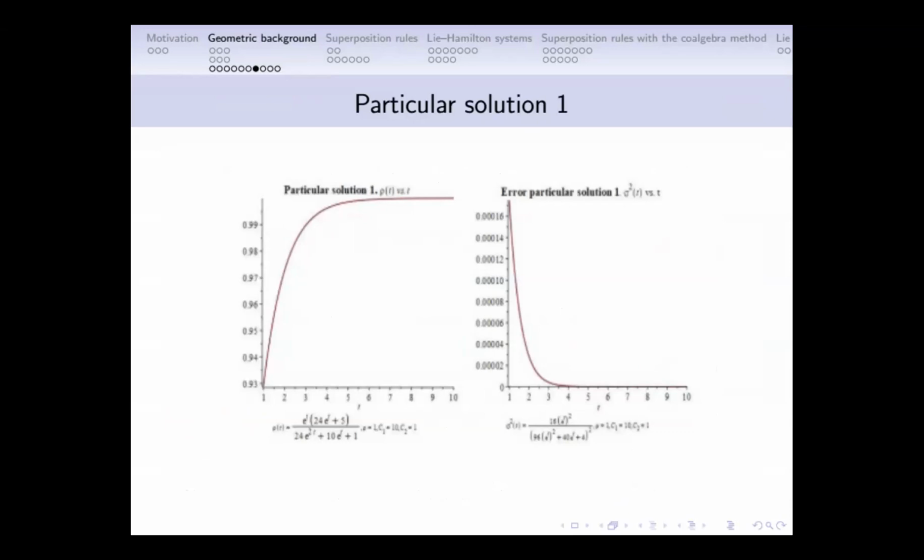So this is a particular solution of that Hamiltonian system. And as you can see, it starts growing, and there's a big acceleration in the growth, and then it gets to what everyone calls the flattening of the curve that we have to achieve. And this is just a representation of the error that we are committing.